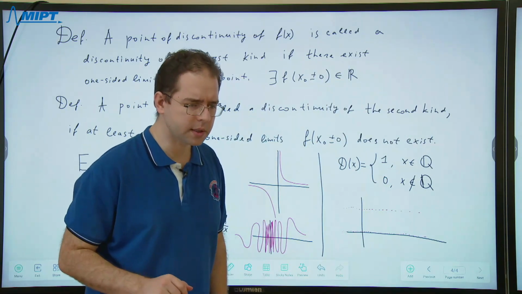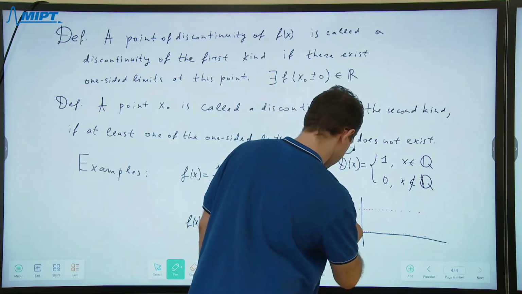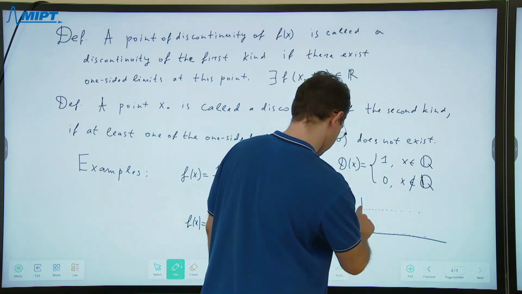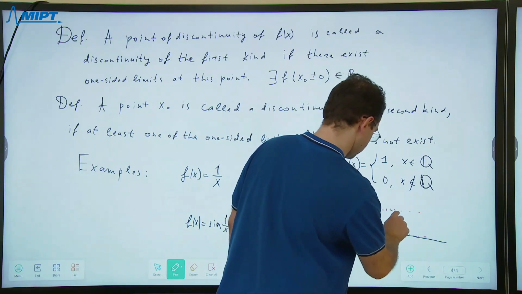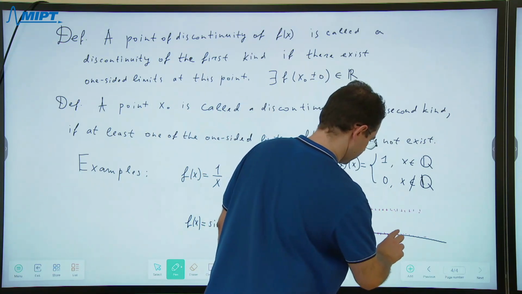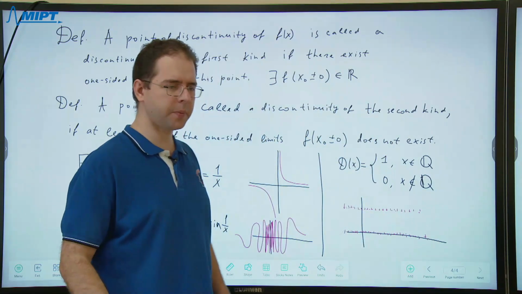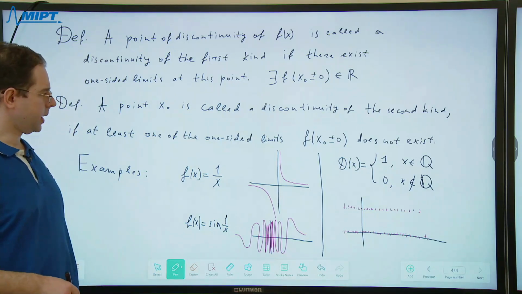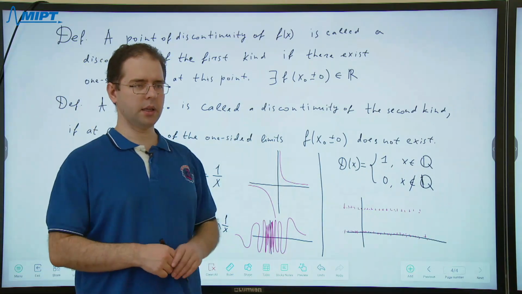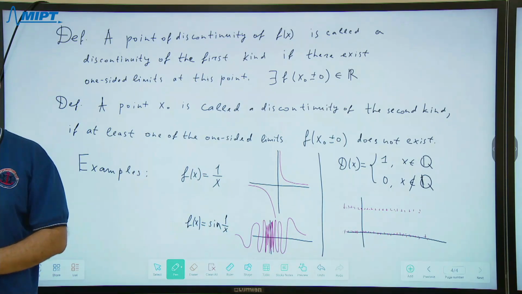I hope it can be seen. It probably cannot be seen. Let me do it like this. Is it better? Possibly. Okay, so this function is also discontinuous and has a discontinuity of the second kind.